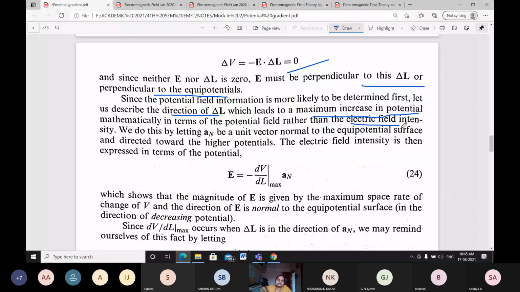That means we are considering in terms of potential varying, not in terms of electric field. Then letting an be a unit vector normal to the equipotential surface and directed towards the higher potentials, the electric field intensity is E equals minus dV divided by dL maximum times an.